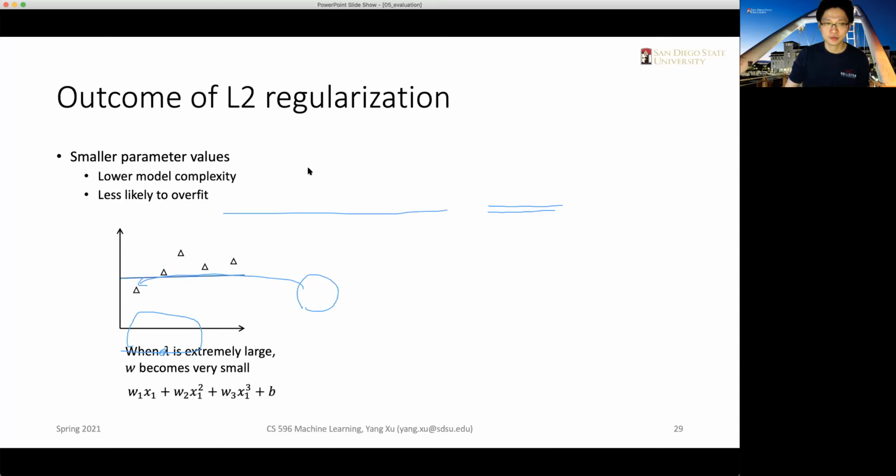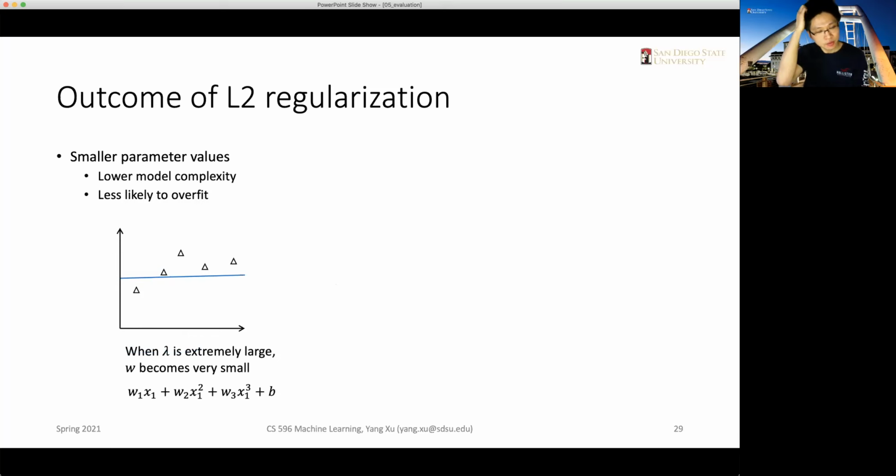All right, so putting all this together, we are pretty much done with L2 regularization. If we look at the outcome, if we have some regularization, then the magnitudes of the parameters will be limited, which means the models will be less complex, and less likely to overfit.